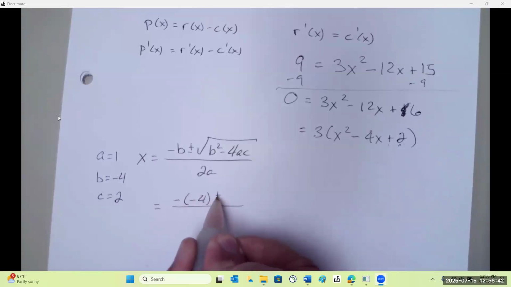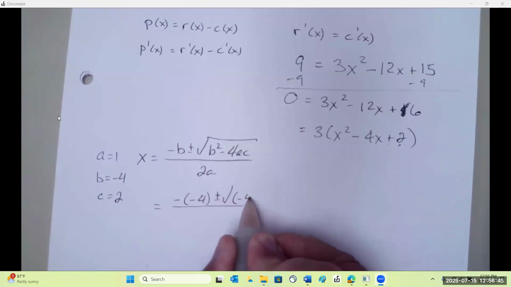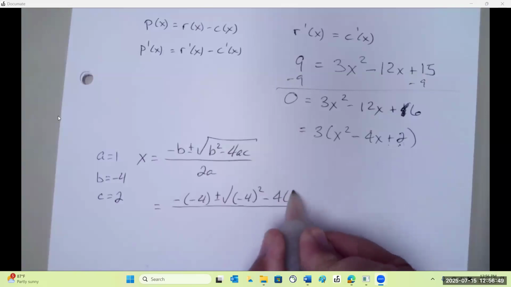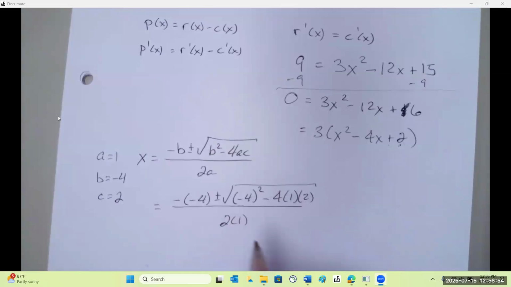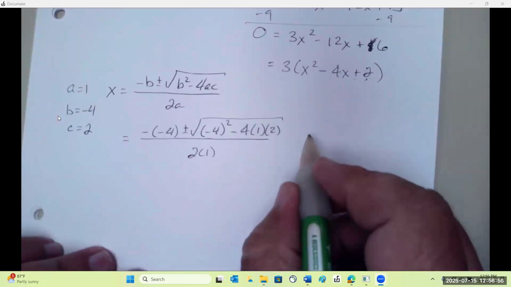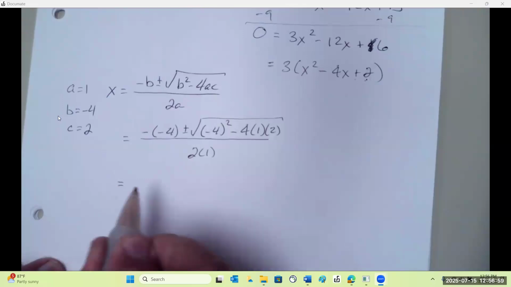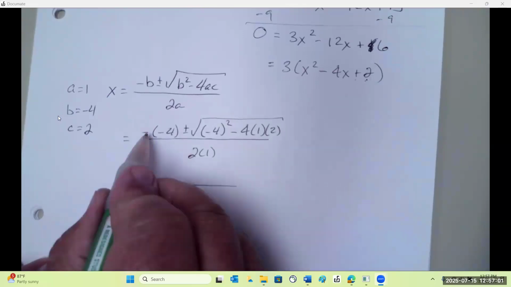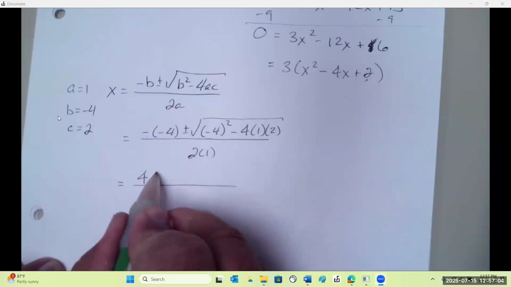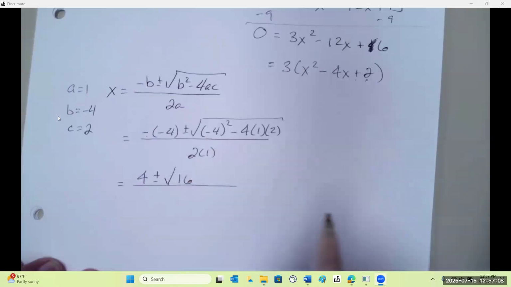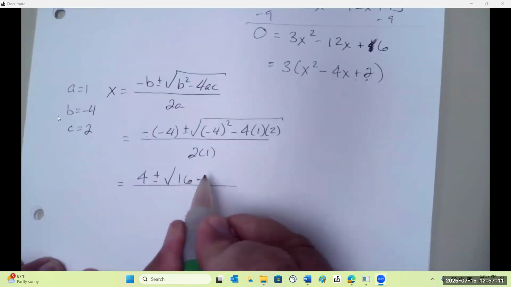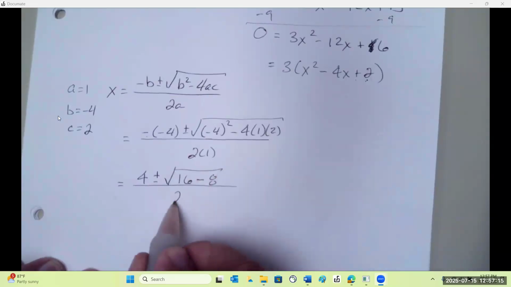Negative of -4, -4 squared, minus 4 times 1 times 2, over 2 times 1. Negative of -4 is a positive 4. -4 squared is 16. 4 times 2 is 8.